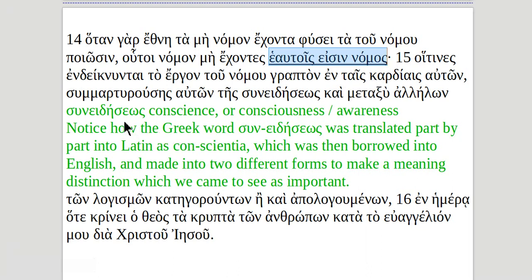So this word conscience is interesting because the Greek word could mean conscience or consciousness, awareness.